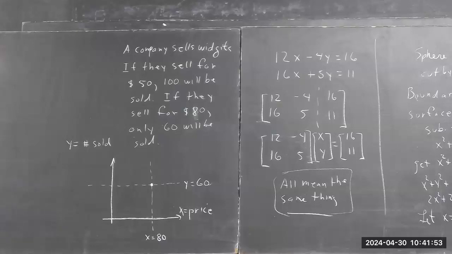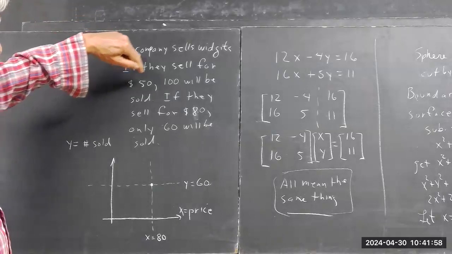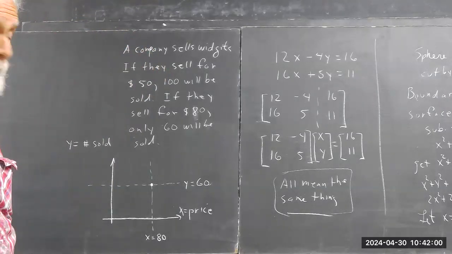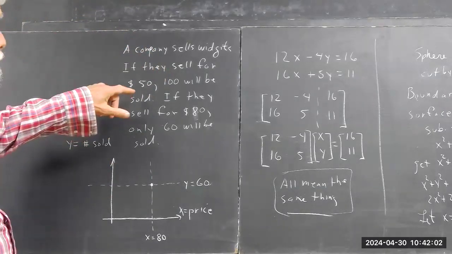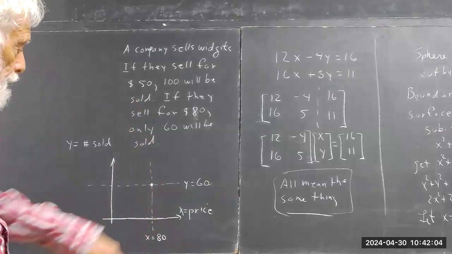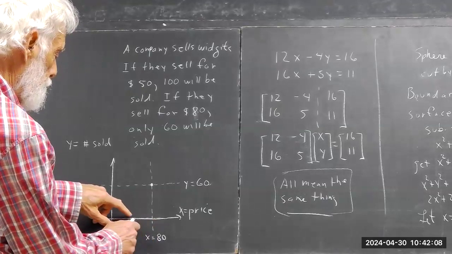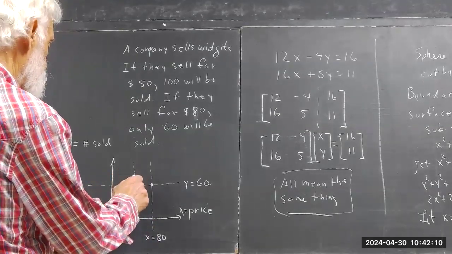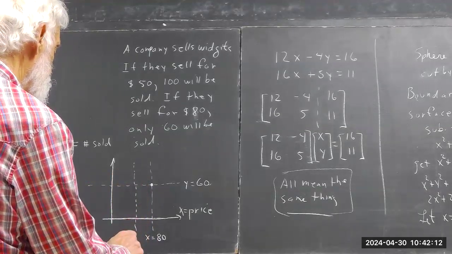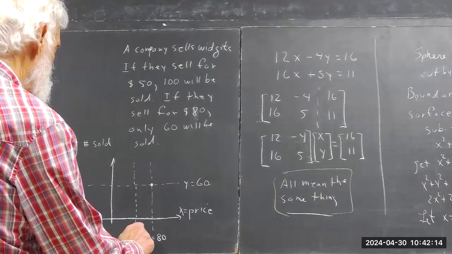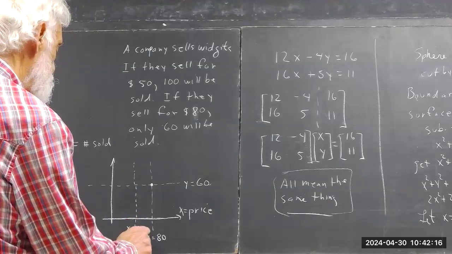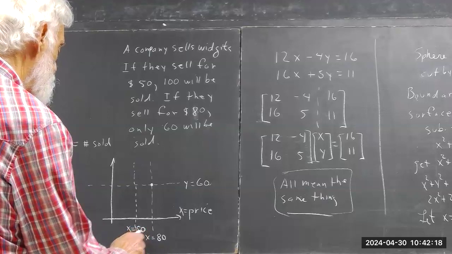Well, the other bit of information is, if they sell for 50, we're going to sell 100 of them. Well, selling price is your x. X is 80 here. Well, halfway between 0 and 80 is 40, so I think x equals 50, maybe about here. Okay.